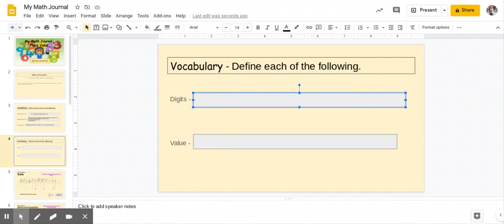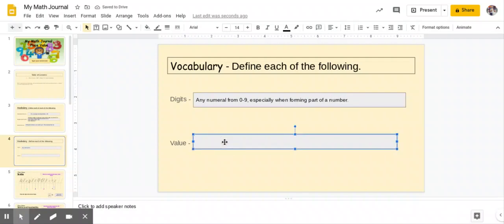We have digit, which is any numeral or number from 0 to 9, especially when forming parts of a number. And then the value is how much something is worth.